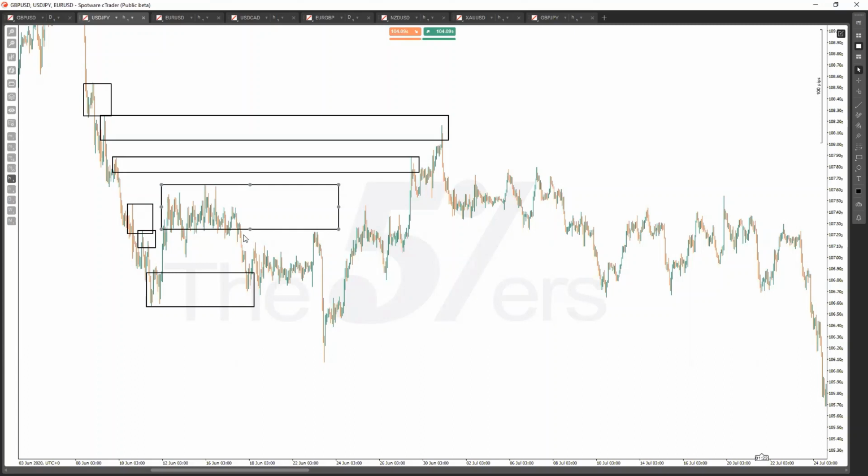If we have this decision point on H1, maybe on M15 we will see a lower decision that was made. We also see that in the lower time frame, price was going down, flagging up, and continuing. So we have this whole structure of pole and flag right here.